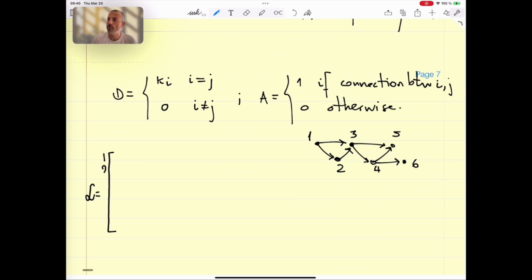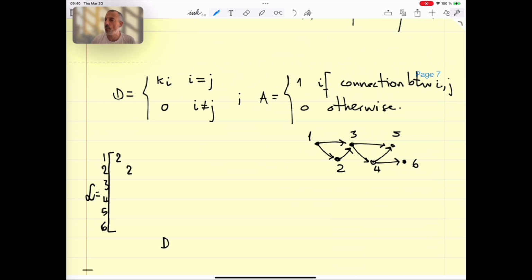So we have 6 nodes, 1, 2, 3, 4, 5, and 6. So the degree matrix, which is the first one we're going to look at, is a diagonal, because it has the degree of the node when I equals J, so in the diagonal, and 0 otherwise. The number of neighbors of node 1 is 2. Node 2 is 2.